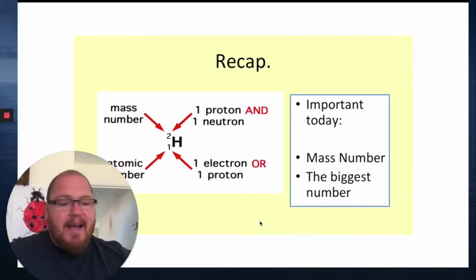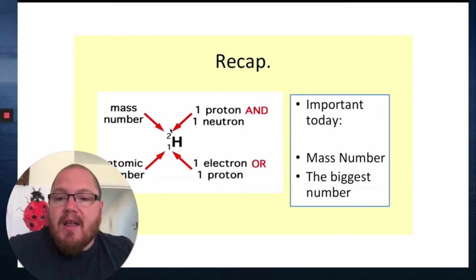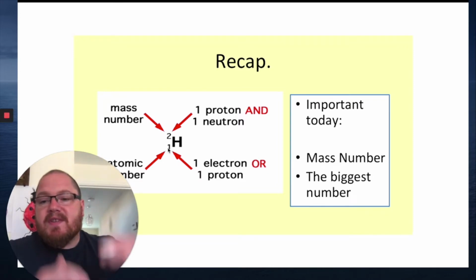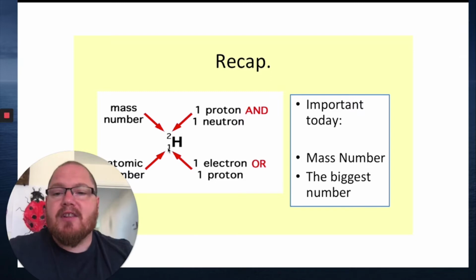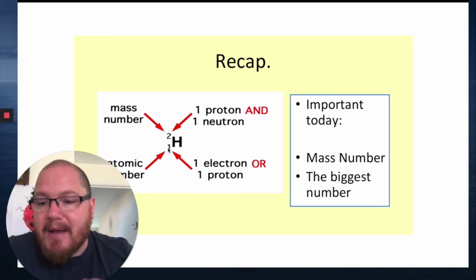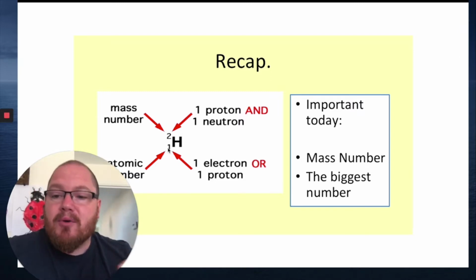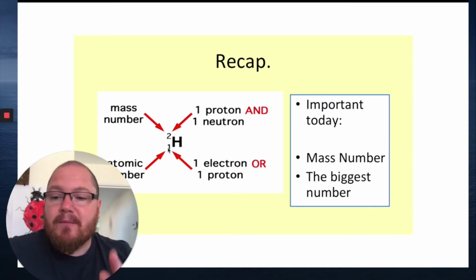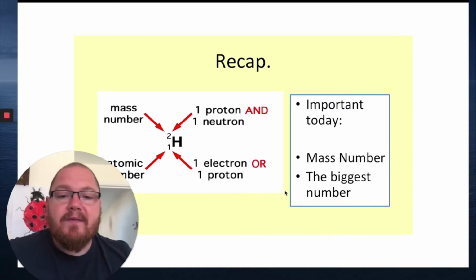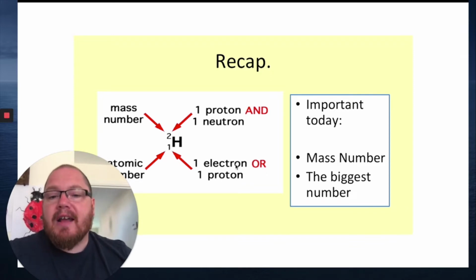So let's just recap here. These big numbers and small numbers, they do vary. Sometimes they're on top, sometimes they're on the bottom. So the important thing is to look out for the big number. The big number is the mass number. It contains the number of protons and neutrons. And the small number only tells you the number of protons or, and that's a very important or, electrons, because it's not electrons plus neutrons.